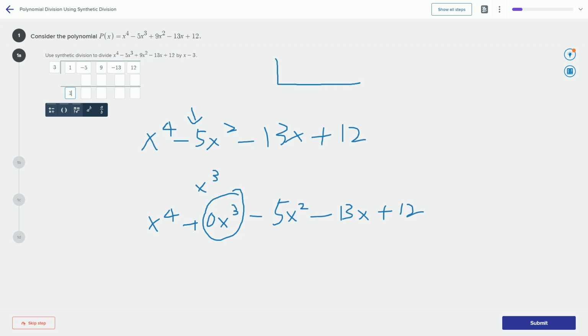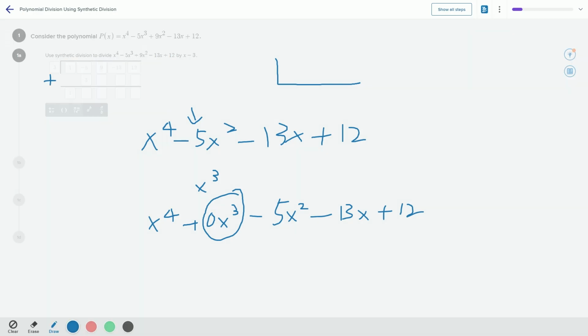Now, for the second answer, you take the number you brought down first, times your factor, which is 3 in this example. So 1 times 3 is 3, and then you do -5 plus 3, because this is not a minus, this is a plus right here.